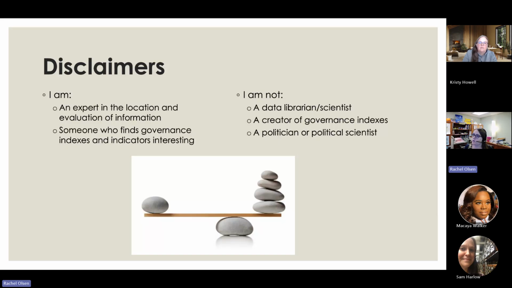I am also not someone who creates governance indexes. So keep that in mind. I'm more than happy to answer questions here. But you may hear me say things, and if you are a data scientist watching this someday in the future, you might be like, I disagree with that. Absolutely feel free to chime in if that's true. I just have had fun exploring these and learning more about the format.